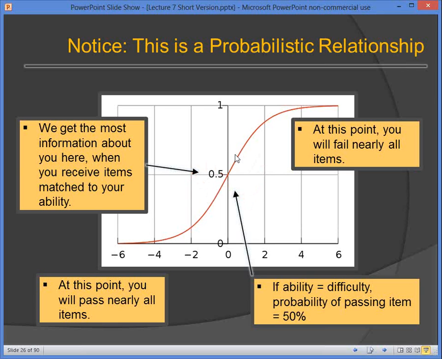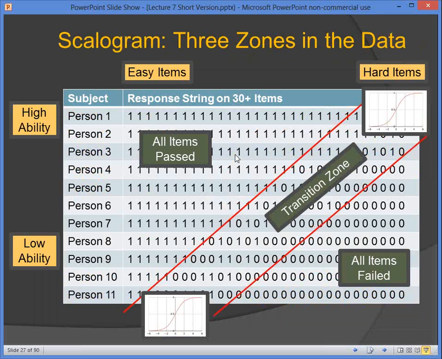If I only give you vocabulary items that can be answered by 6th graders, there's going to be a ceiling effect. You're going to top out the test. The test is going to have very little validity for you, so we're not going to really learn much about you. We only begin to learn things about you when you fail an item. If you fail all the items, or if you pass all the items, then for you there's a ceiling effect or a floor effect, and essentially we learn nothing about you.